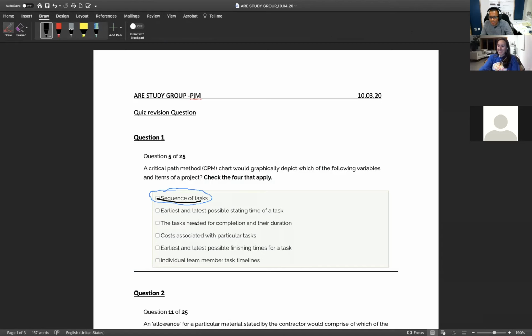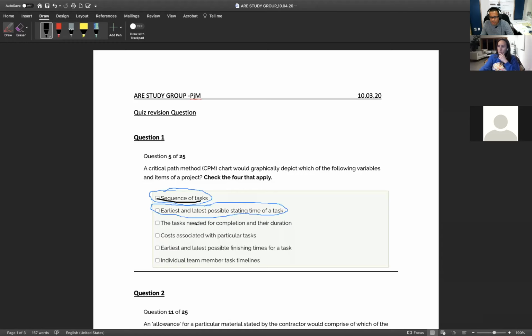So sequence of tasks was one of them. I did earliest and latest possible starting time for a task was the other one, and cost. Let's see, hold on. The tasks needed for completion and their duration, that's the third one.